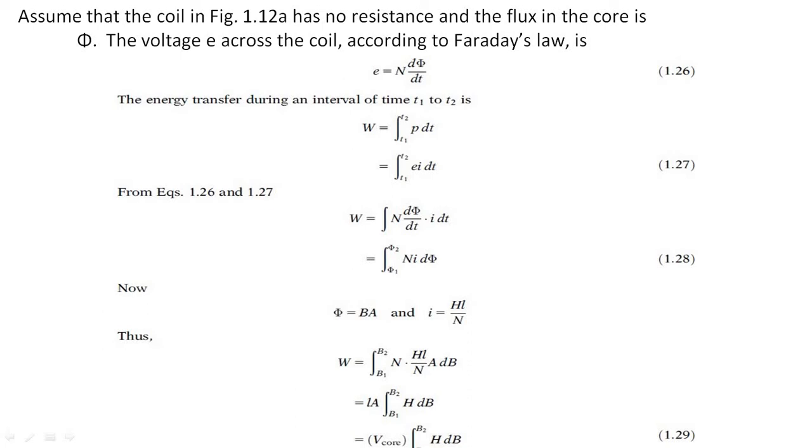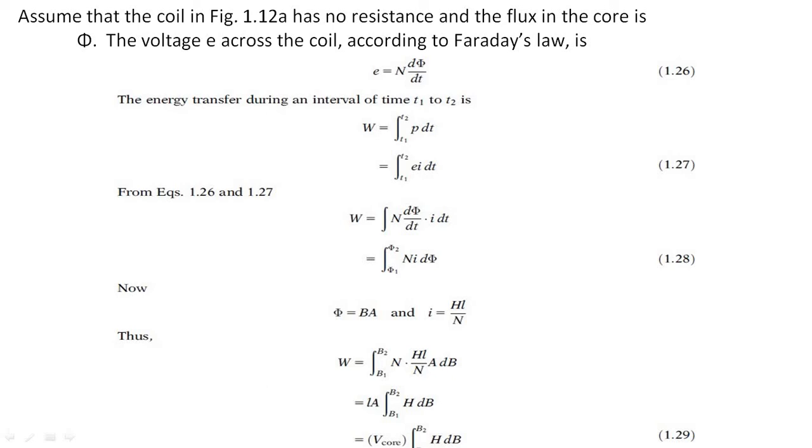The energy transfer during the interval of time T1 to T2, that means the work done, is equal to the integral from T1 to T2 of P dt. Power is equal to voltage times current, so W is equal to the integral from T1 to T2 of e i dt, where e and i are the instantaneous values of voltage and current.